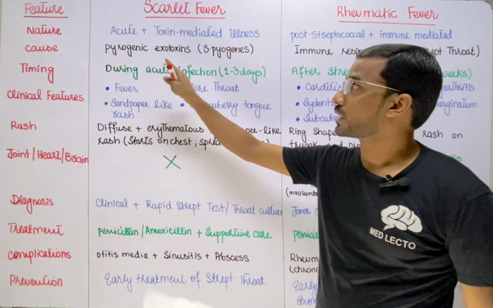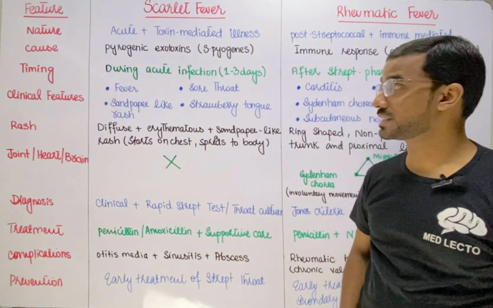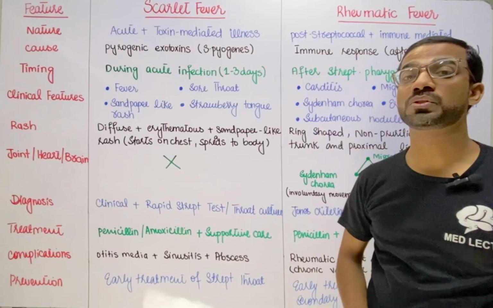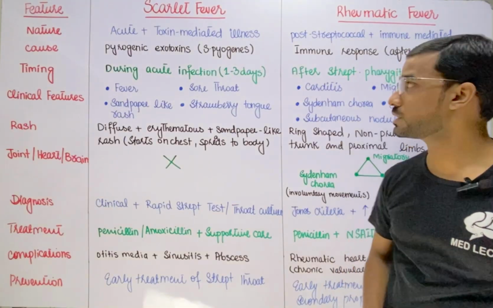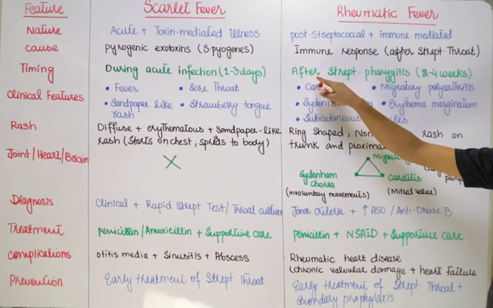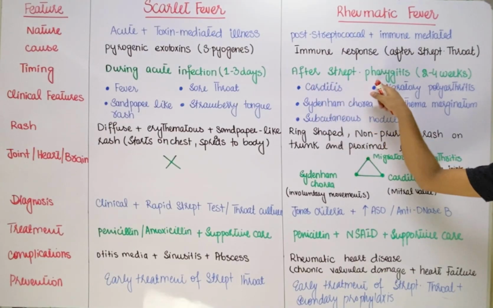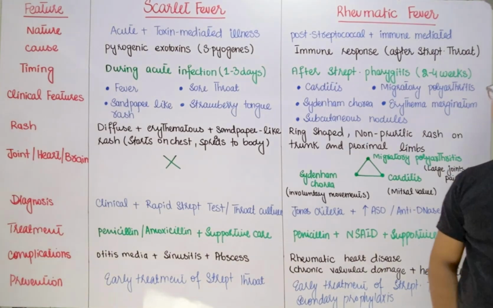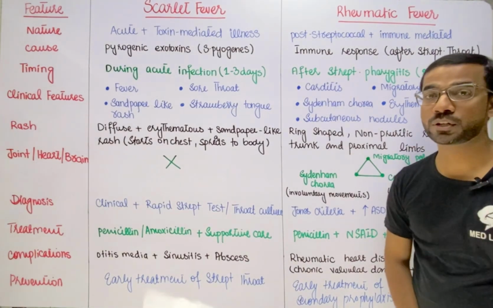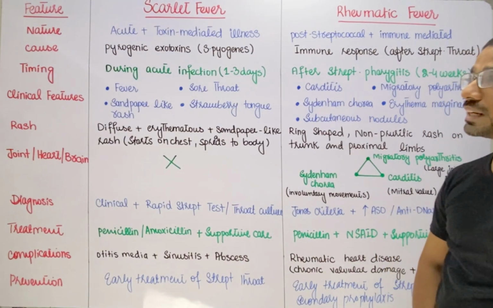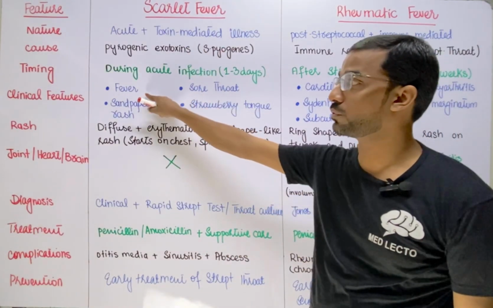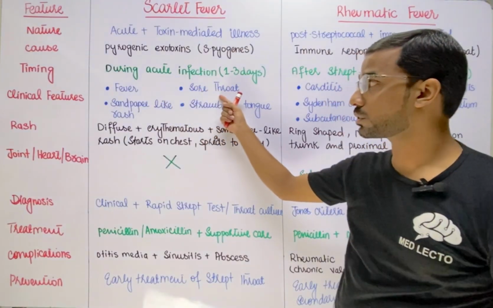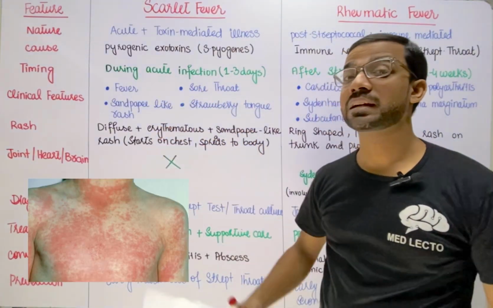As for timing, scarlet fever you will see during the acute infection, within 1 to 3 days of infection, while rheumatic fever you will see after strep pharyngitis, the throat infection, and it will appear 2 to 4 weeks after. Clinical manifestations in scarlet fever: the patient presents with fever, sore throat, and a sandpaper-like rash.